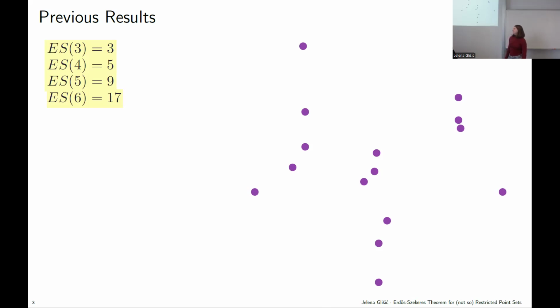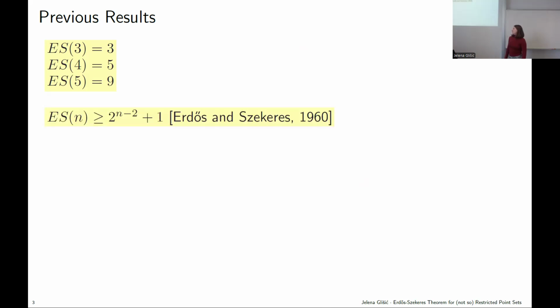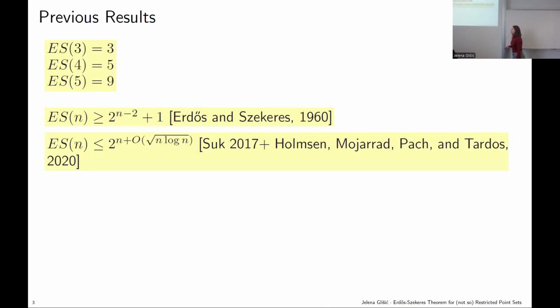And actually, Erdős and Szekeres in the 60s proved a lower bound for the number, which is exactly the pattern you see above, right? So that's the best lower bound that we have. And the best upper bound is this one.